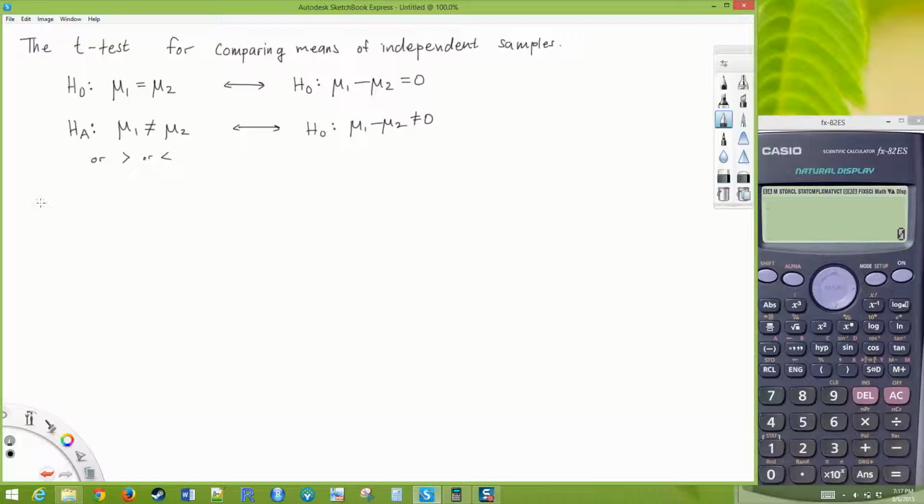Okay, and let's say we observe data from two independent samples. And so we have sample 1 and sample 2. Each of these will have a sample size, a sample mean, and a sample standard deviation.